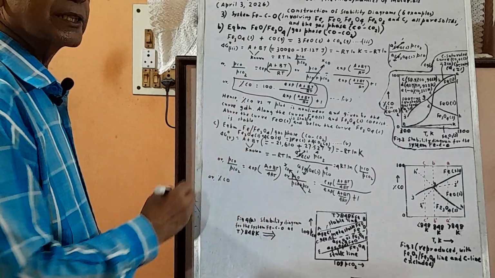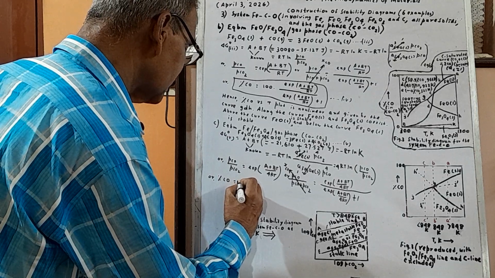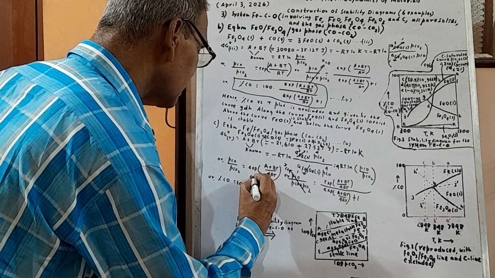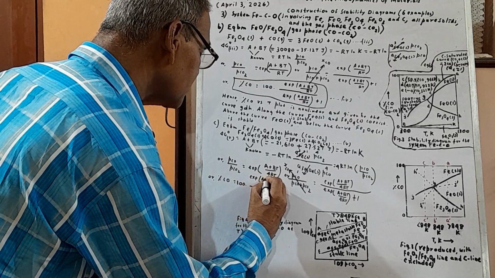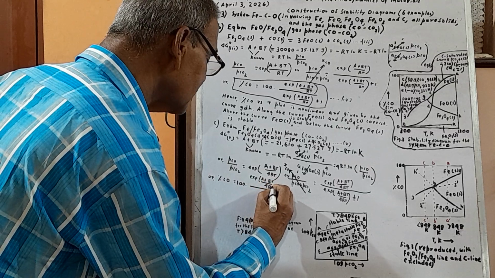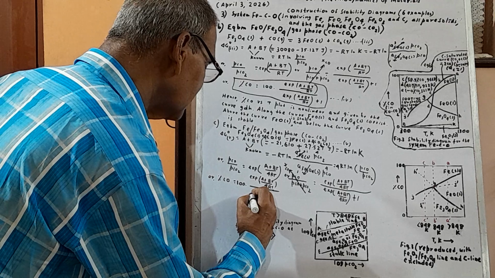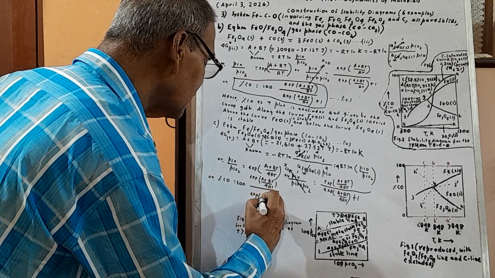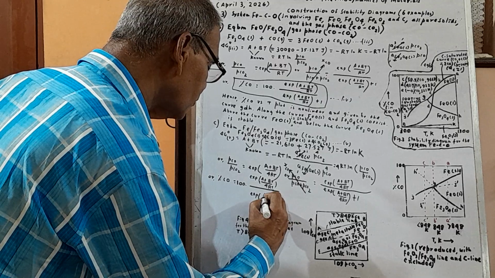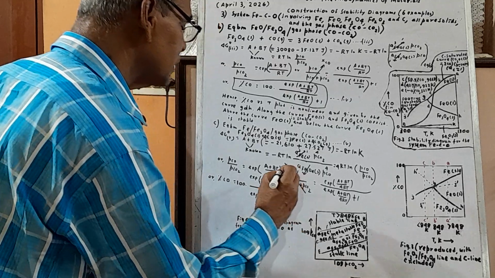I will box it: 100 times exponential A plus BT over 4RT, divided by exponential A plus BT over 4RT plus 1.